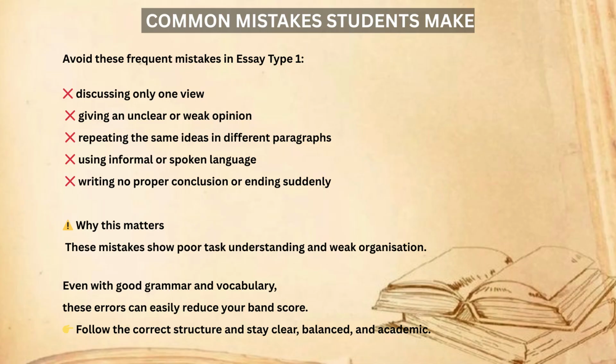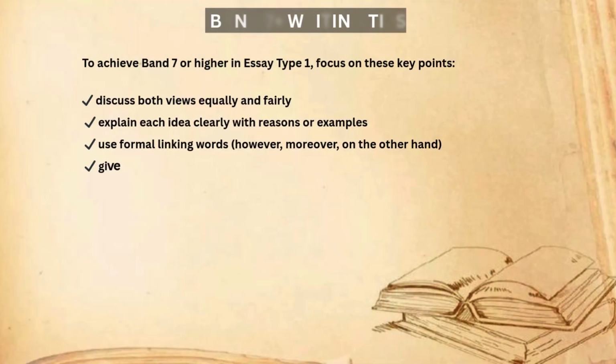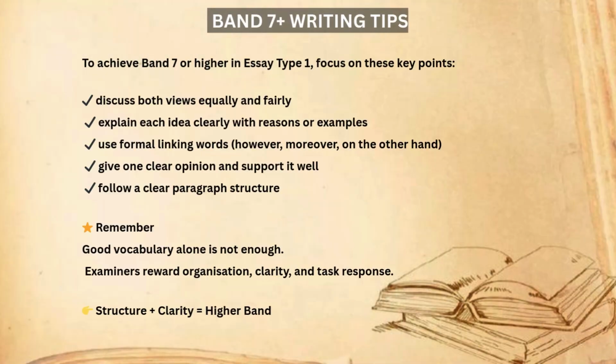Even with good English, this error can reduce your band score. To achieve band 7 or higher, always remember: discuss both views equally, explain ideas clearly, use formal linking words, give one clear opinion, and follow the paragraph structure.